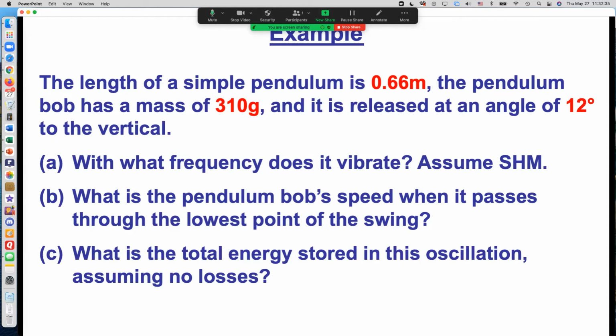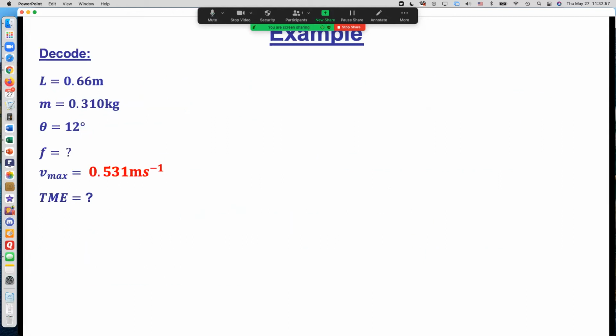And what is the total energy stored in this oscillation, assuming no losses? You can watch this bit later if you want. Okay, let's decode. Got a length of 0.66 meters, a mass of 0.31 kilos, an angle of 12 degrees.